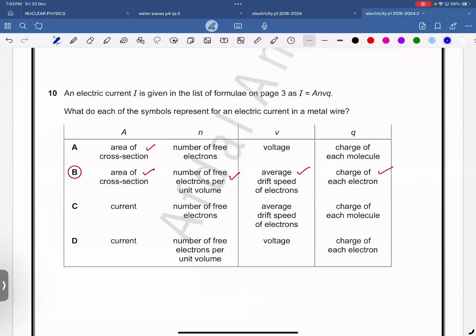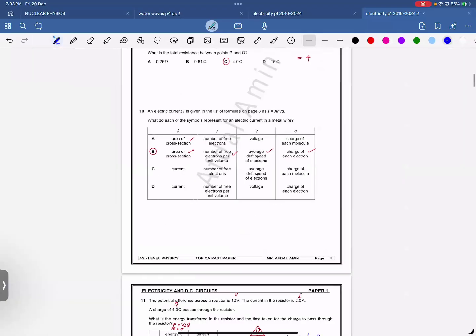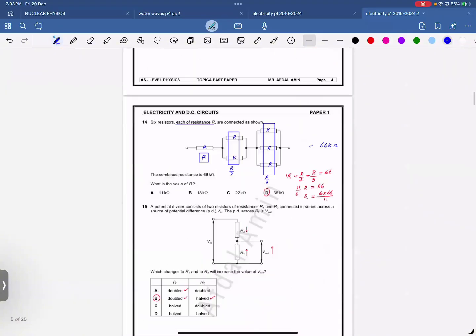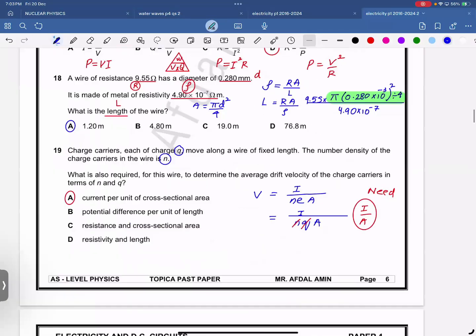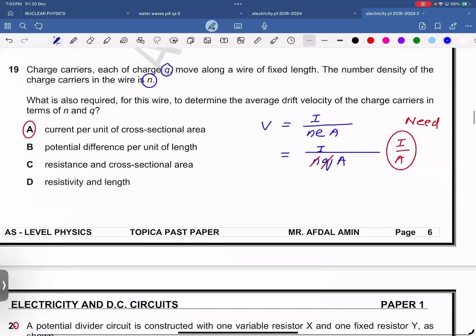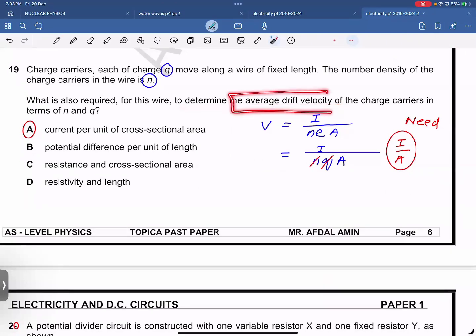We will never see this velocity. You had one more question here. Where was that? I just want to make sure that you don't make a mistake. Read the sentence. Average drift velocity. So as I told you, it is average drift velocity or average drift speed, my dear. It's good that you realize.